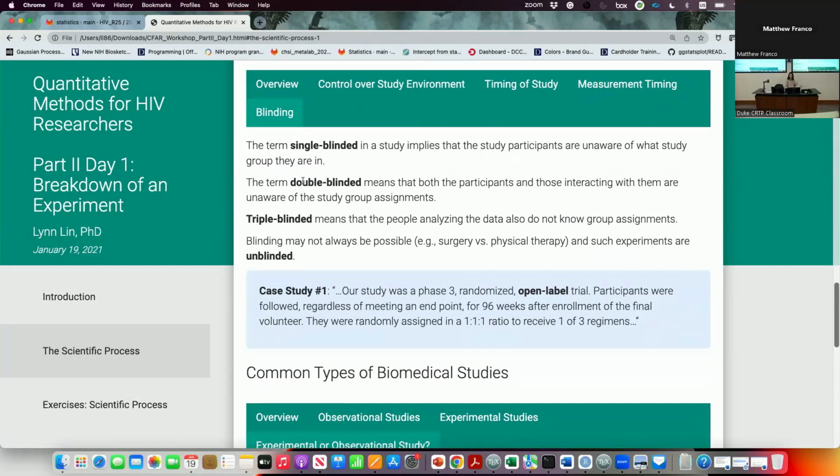Double blinded means that both the participants and the people involved in designing the study don't know who belongs to which group. Triple blinded is more stringent: besides the participants and the people involved in the study, the people who do the analysis don't even know which group the patient belongs to.